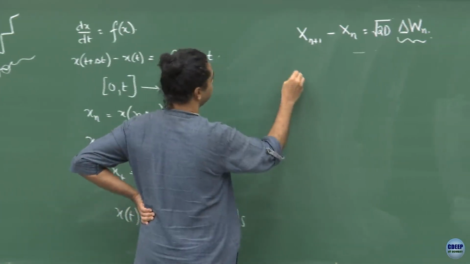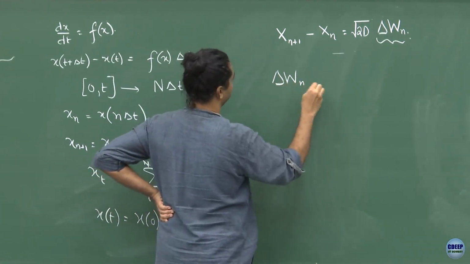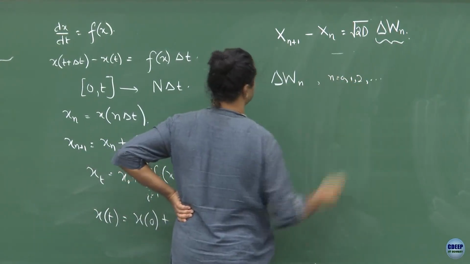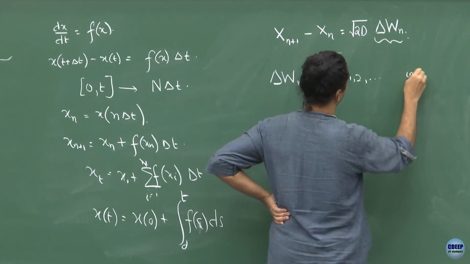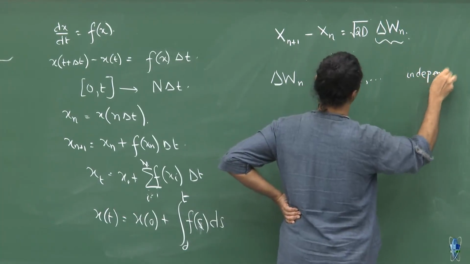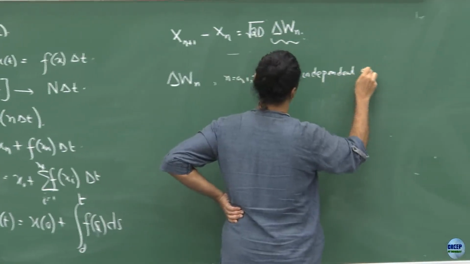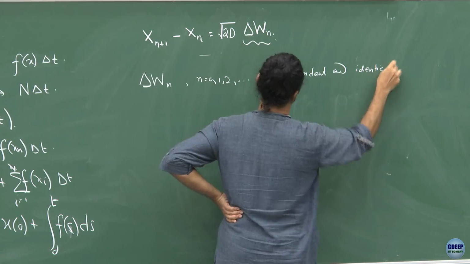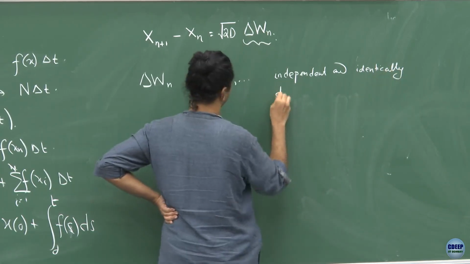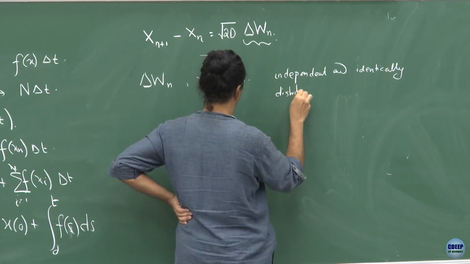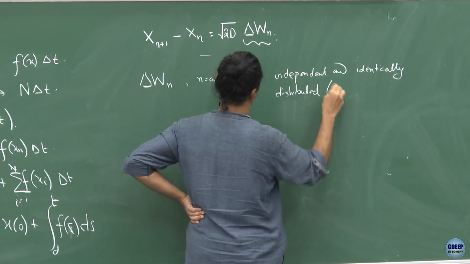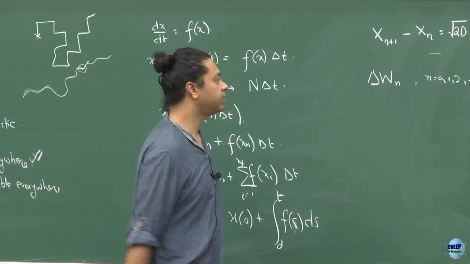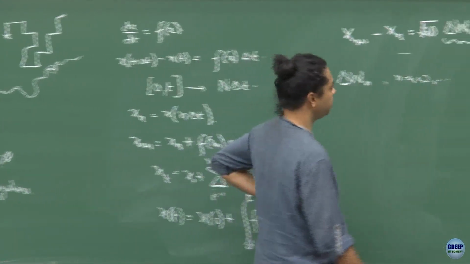This delta w of n, for all values of n equal to 0, 1, 2, and so on, these are independent and identically distributed, IID. That's what we call it: independent and identically distributed random variables.